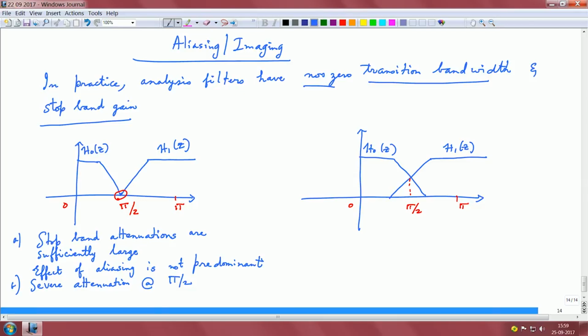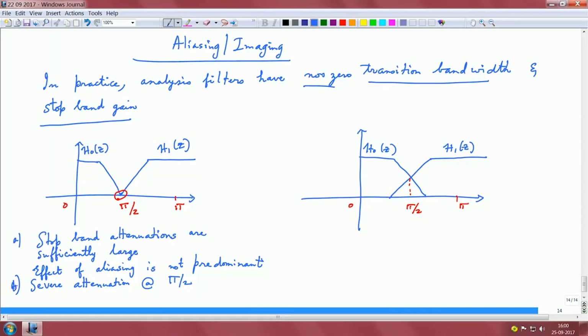There is a severe attenuation at pi upon 2. So, if you have to think about the synthesis filters, they have to boost the gain at those frequencies. If I have to boost the gain at those frequencies, noise can also get amplified because of this process, and filters can become very expensive.